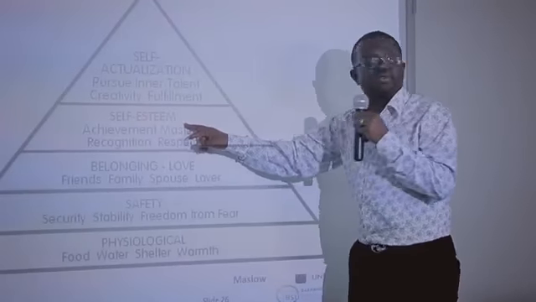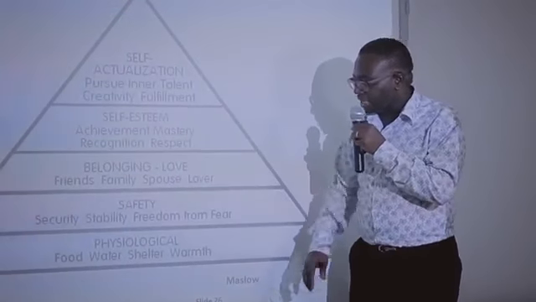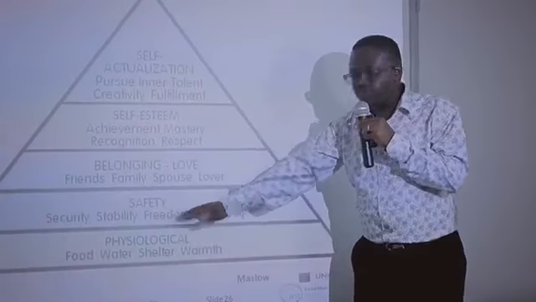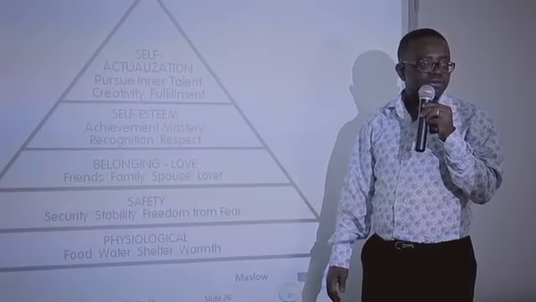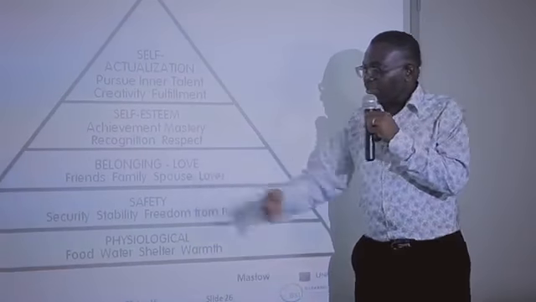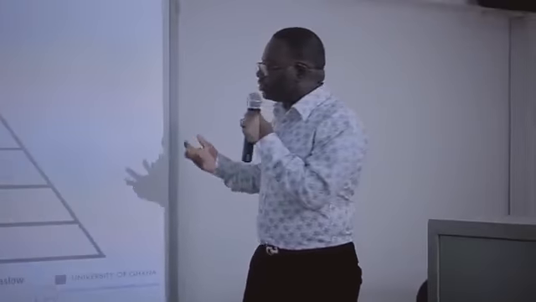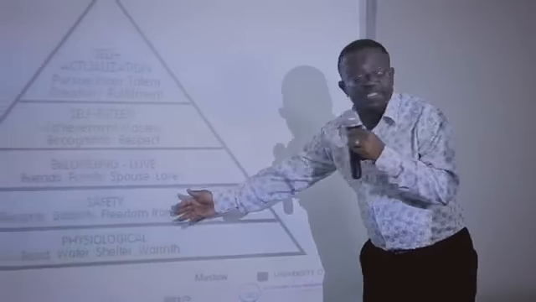Now, everybody has different sets of needs at every point of time in their life. At one point of time in your life, you can be at self-esteem. But at another point in time, you could actually come down to safety. Especially a person like a father who has a newborn may think more about safety.